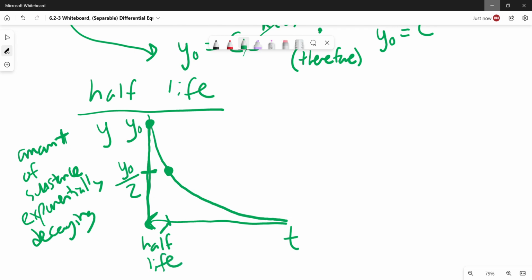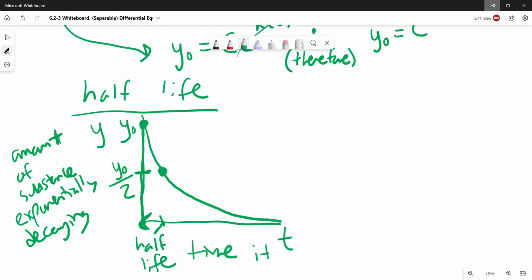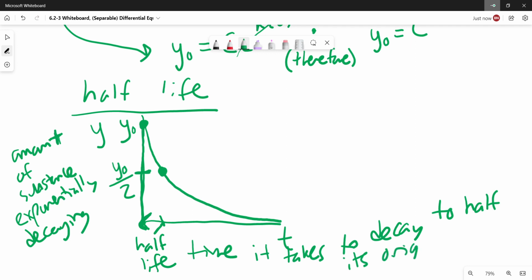The half-life is the time taken to reach half of its initial value, the time it takes to decay to half its original value.